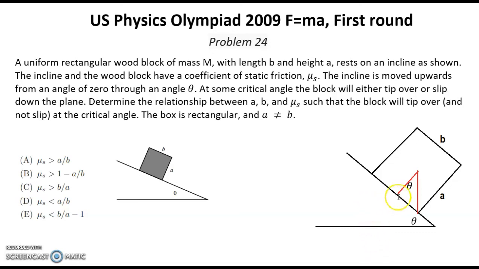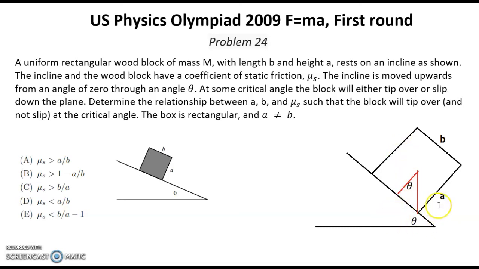And it is also a critical position because we have a center of gravity, which is the center of mass, and the vertical line going through this center of mass goes exactly through one corner of this block. It means that after it moves a little bit further, it will tip over because there is no support from the base of this block.